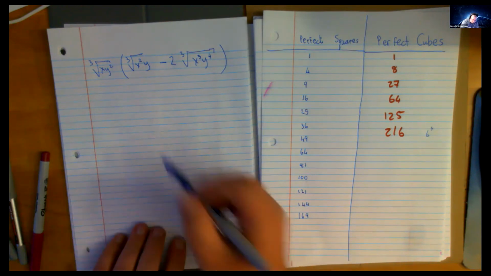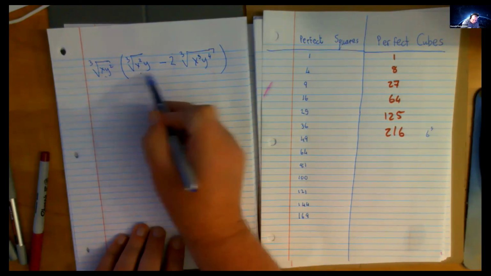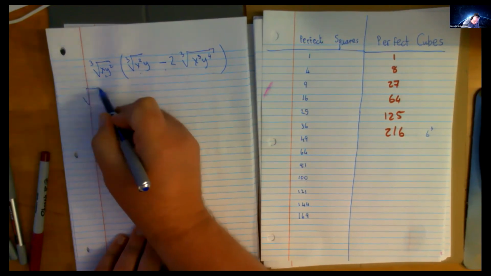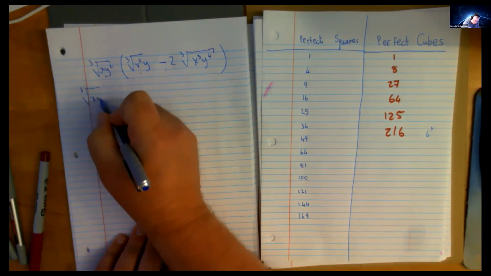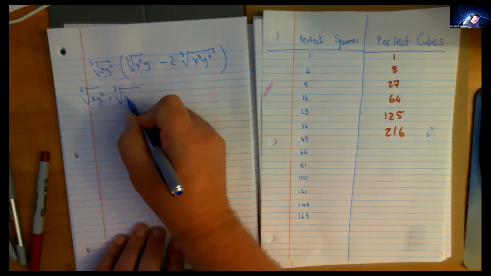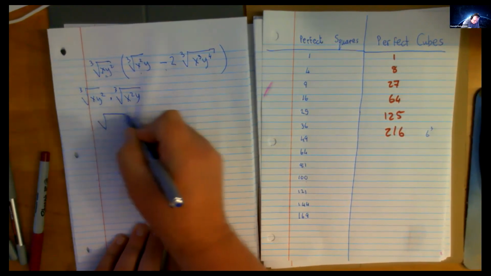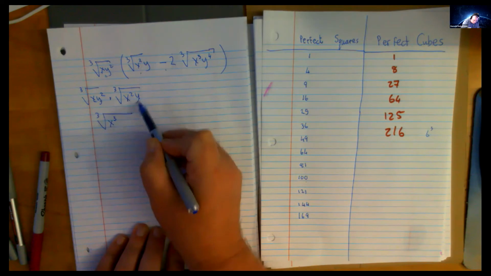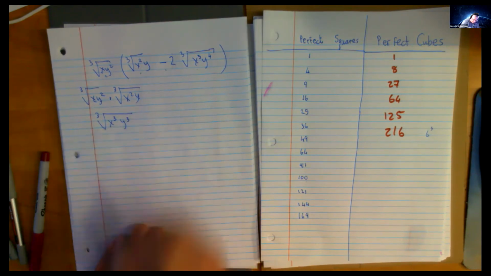Now, according to the distributive law, this times this, take away this times this. So these 2 first. If you multiply the cube root of xy squared with the cube root of x squared y, and you put them together into a single cube root, don't you get x and x squared, x cubed, and y squared and y cubed?